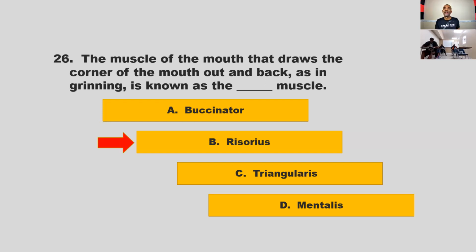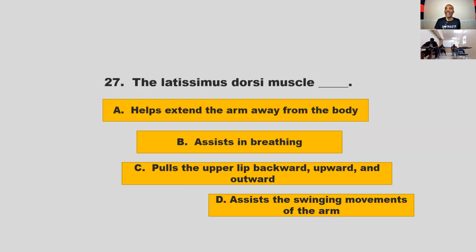The latissimus dorsi muscle, does it help extend the arm away from the body, assist in breathing, pull the upper lip backward, upward, and outward, or does it assist the swinging movements of the arm? It's A. And that is correct.